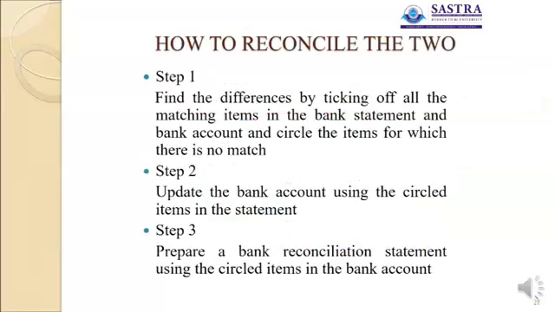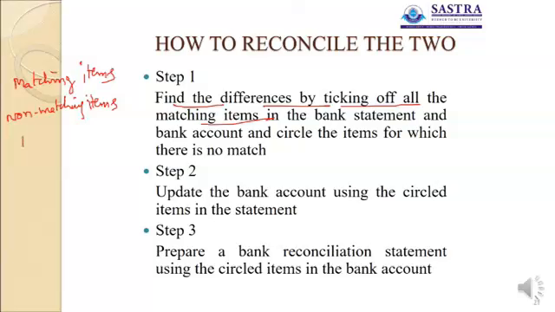How to reconcile the two? Find the differences in step 1 by taking off all the matching items. So there are two kinds of items. One is matching items, do you understand? The other is non-matching items. Where do you find the matching items and non-matching items?